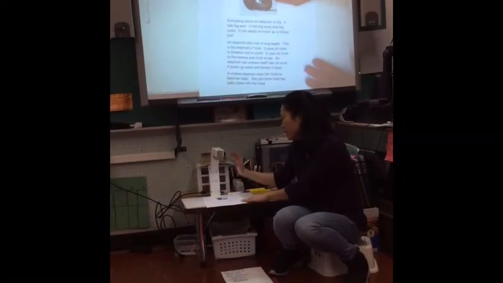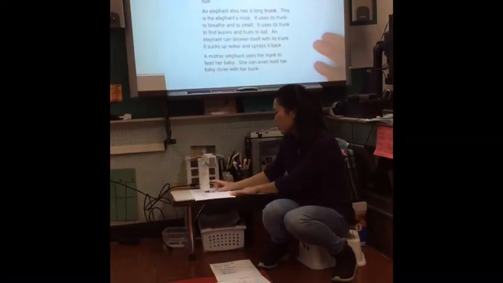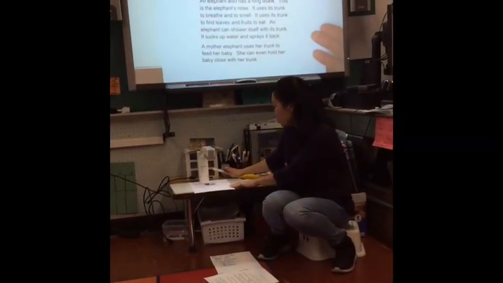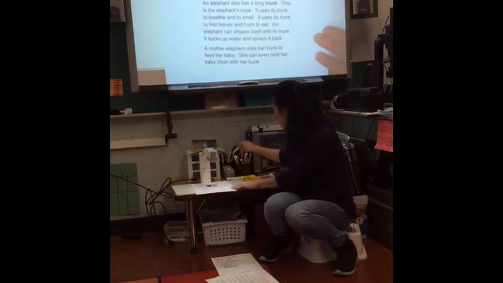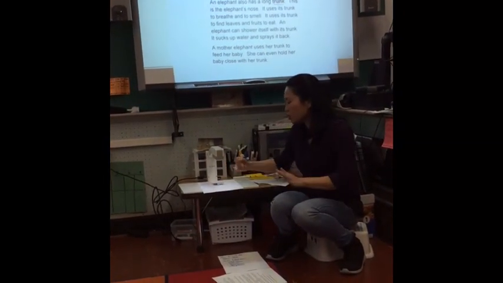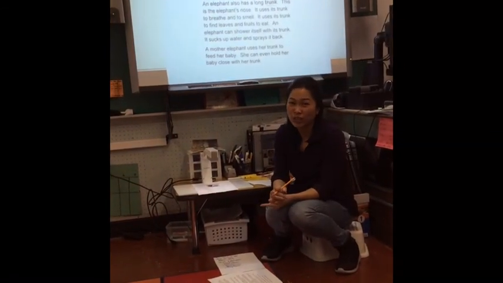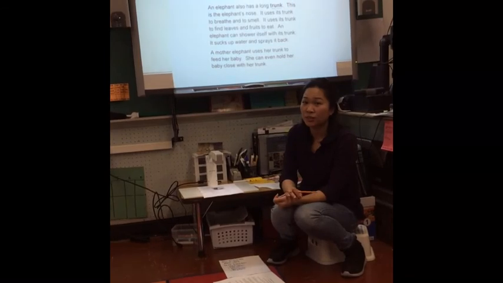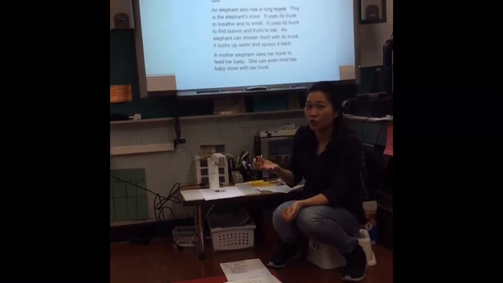And then if you keep looking, there's also a bold word in this text. And the bold word is trunk. So usually bold words we've learned are really important key words. So that is another clue that tells you that this might be all about the trunk.